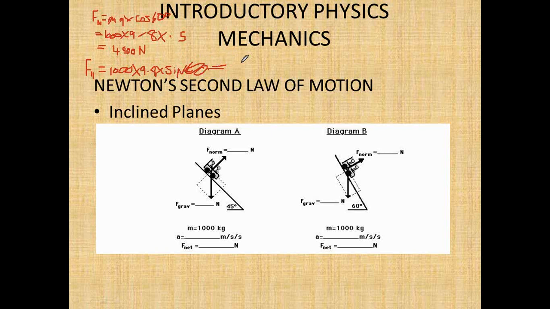Okay, so the sine is 0.87. So you get 9,800 times 0.87.